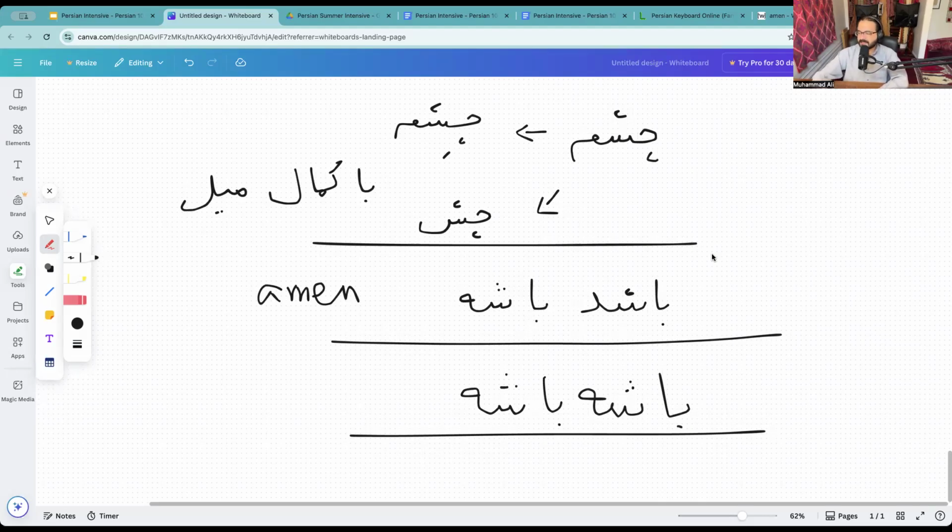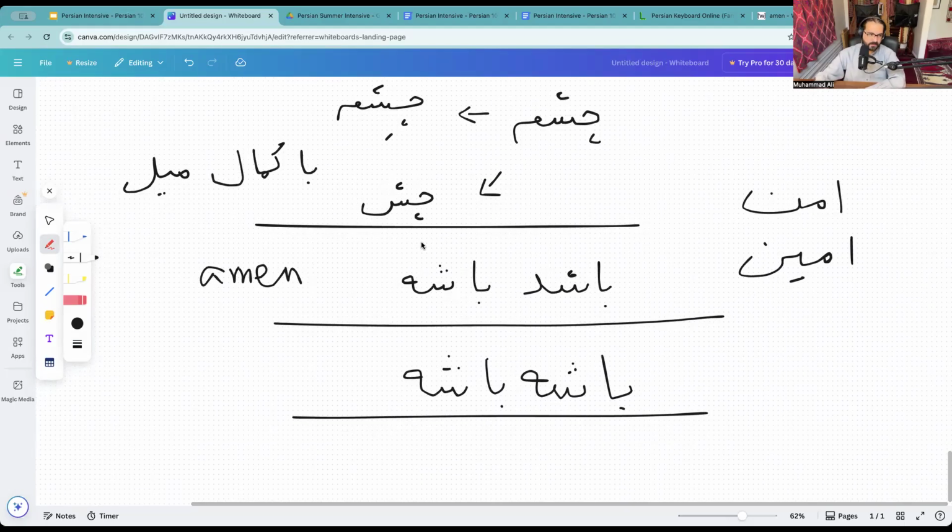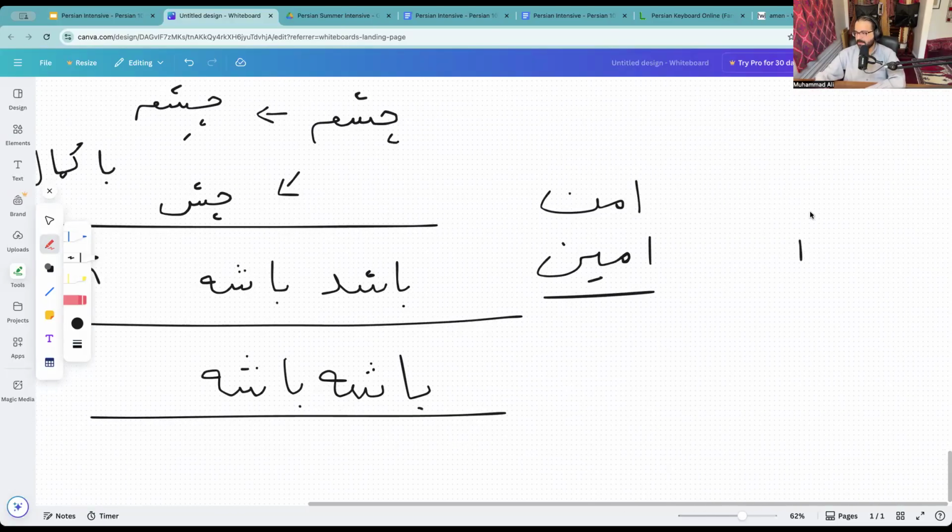Amin is not connected to amen. Amen is Syriac or I think Hebrew or Greek or something. And then amin is Arabic and it comes from amn, which means safety. And it's the name of the prophet. It's Muhammad's name, Sadiq al-Amin, the truthful, trustworthy one. And they're both probably Semitic or something.